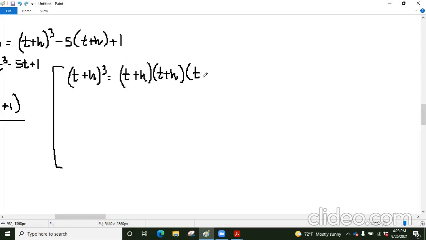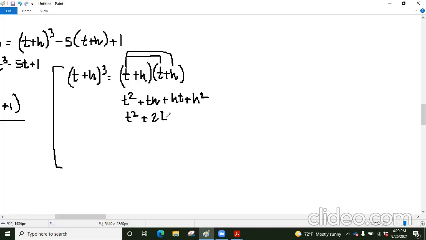But let's first start by just distributing the t plus h's first. So we'll say that this is t squared plus th plus ht plus h squared. So th and ht are actually the same thing, and so it's just t squared plus 2th plus h squared.